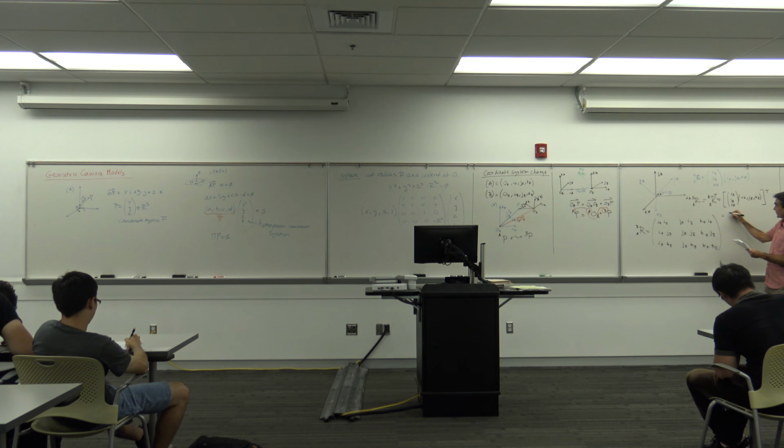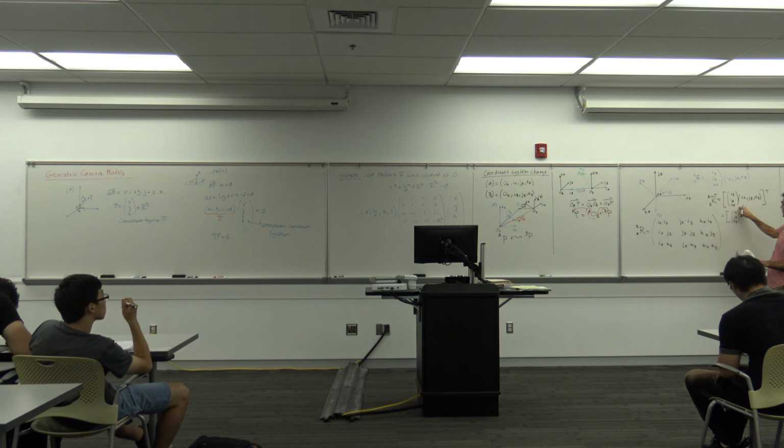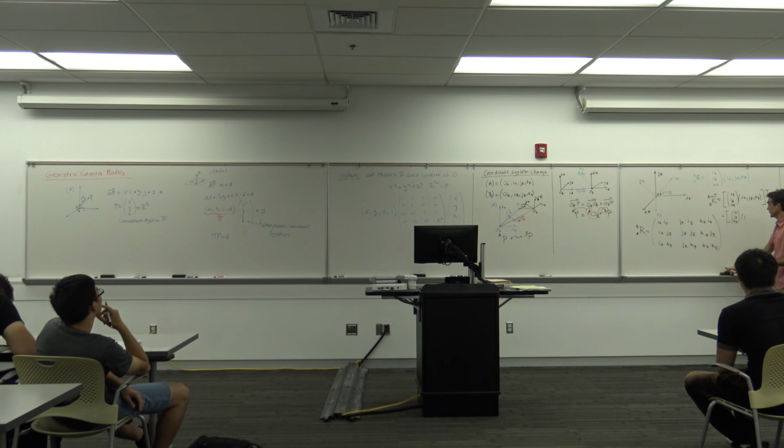So this is equal to this one transpose, so IB, JB, KB times IA, JA, KA, right?